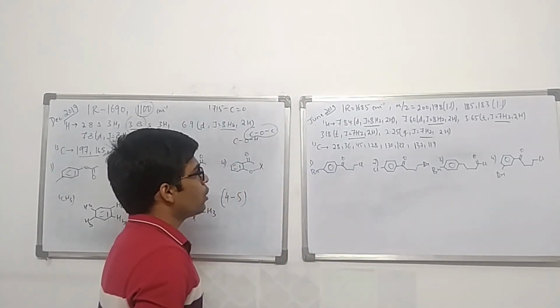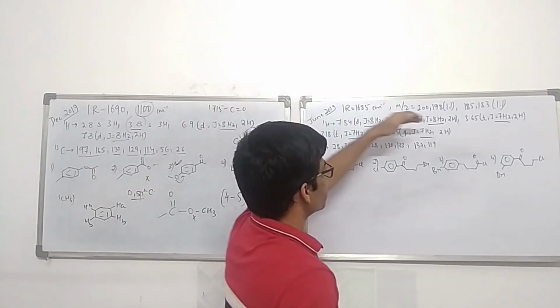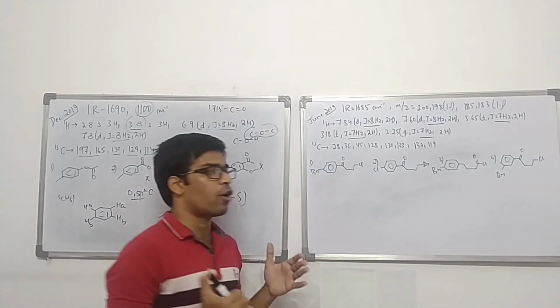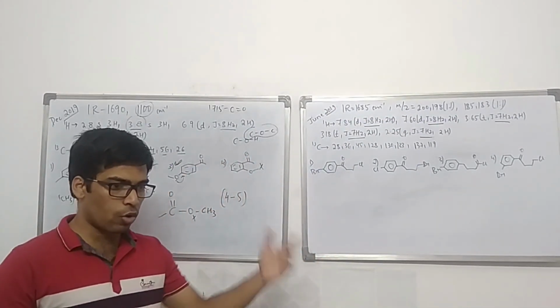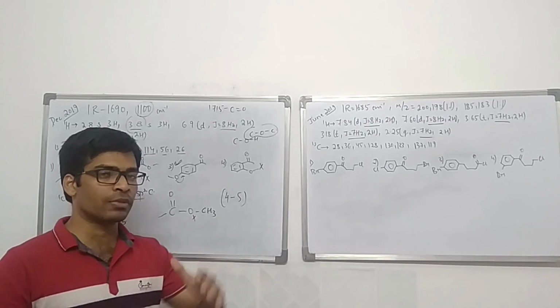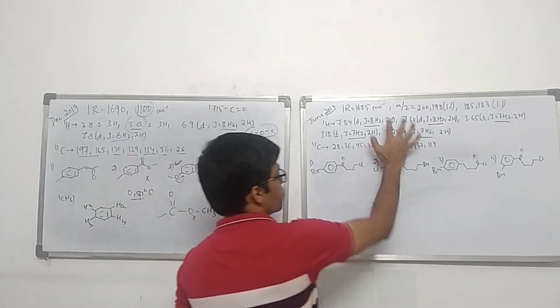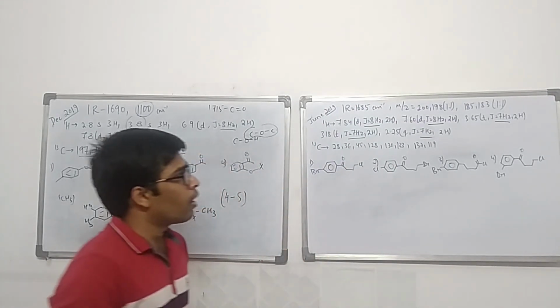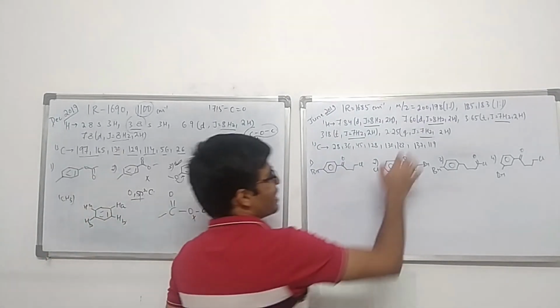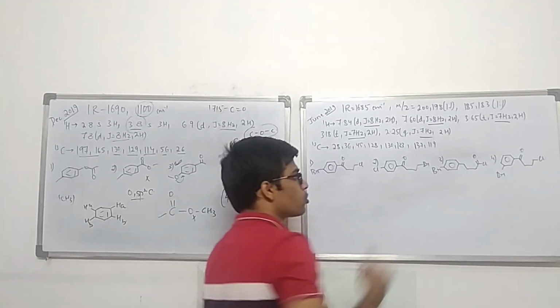So 8 Hz and 8 Hz. For orthocoupling in aromatic systems, the value of the coupling constant is in the range of 7 to 8 Hz. So we would expect that these two systems are orthocoupling. Why am I not saying that these can also be orthocoupling because they are also 7?